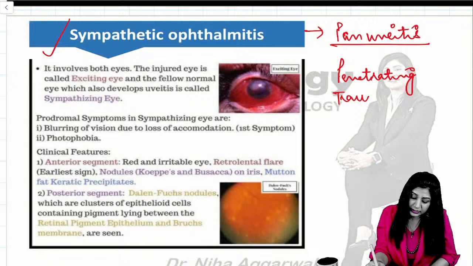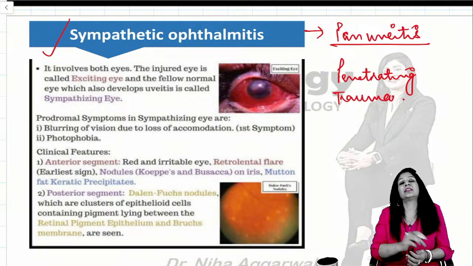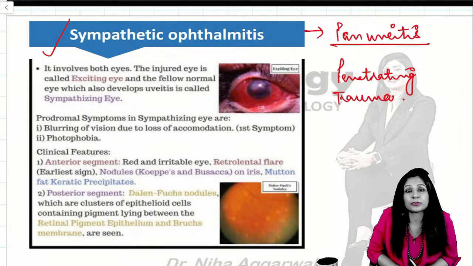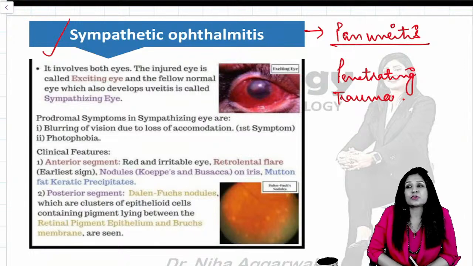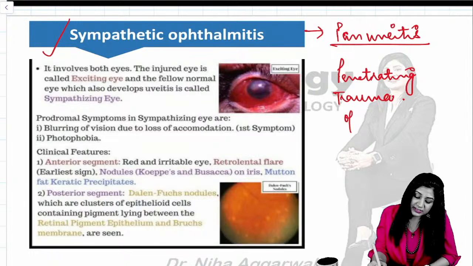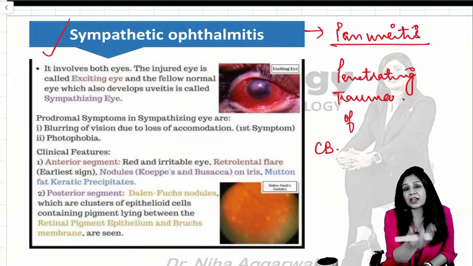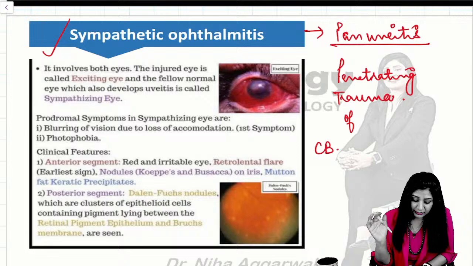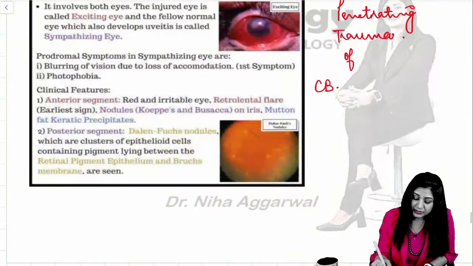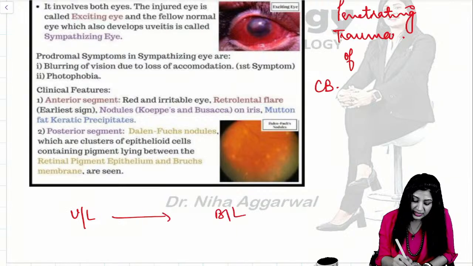These are the two important PYQs which have been asked recently, 2020 and 2022, about sympathetic ophthalmitis. Whenever there is a trauma of the ciliary body, we can have this sympathetic ophthalmitis. Not only the traumatized eye, but the other eye is also affected, going from unilateral to bilateral on the other side in about 4 to 8 weeks.